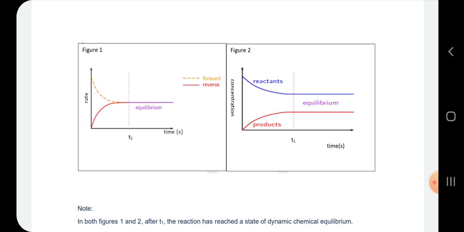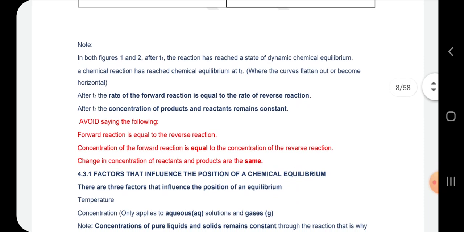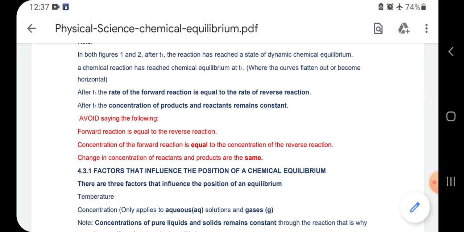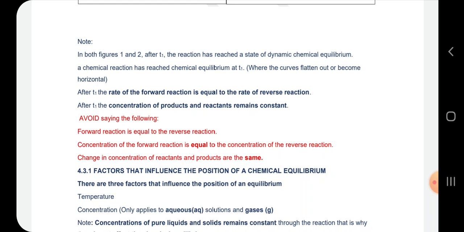So this graph is for the reactant, which starts high and ends up low, but the product starts low and ends high. You can see that there and then it ends in equilibrium. That is for graph 2. So here are the notes for both figures 1 and 2. The reaction has reached a state of dynamic chemical equilibrium.